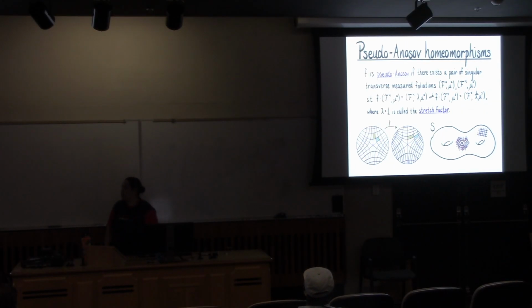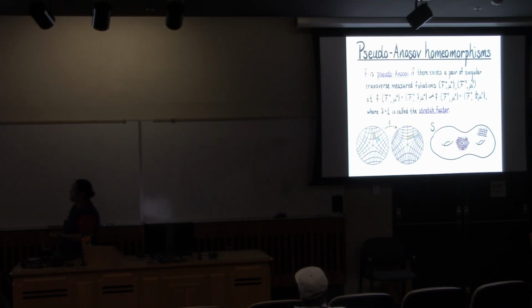And the star of the show is going to be pseudo-Anosov homeomorphisms. Okay? So this is a bit of a mouthful. I'm going to say the definition, and then I want to talk through the pictures, which hopefully will elucidate this if you haven't seen it before. So I'll say that a homeomorphism F is pseudo-Anosov if there exists a pair of singular transverse measured foliations, the unstable and stable foliations that I've denoted by FU and FS.